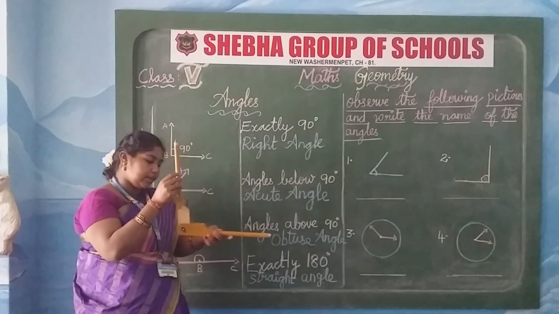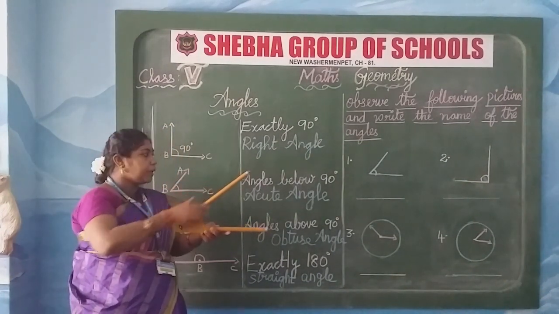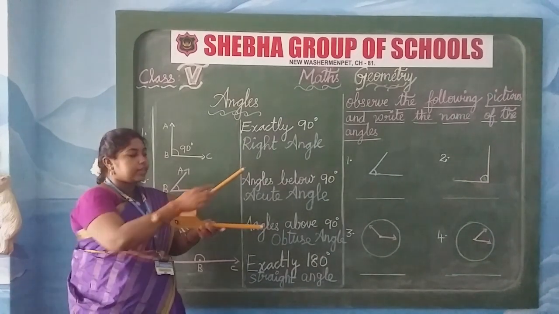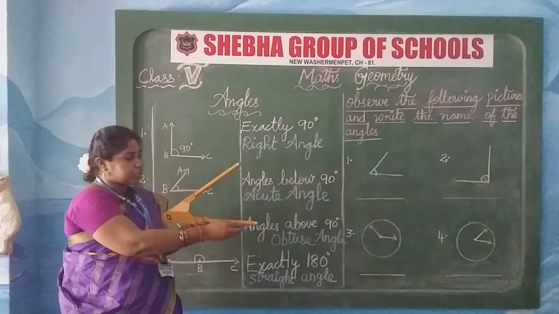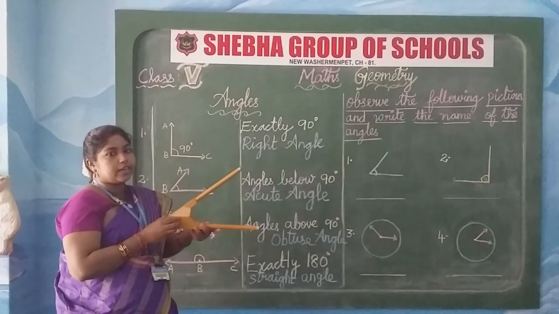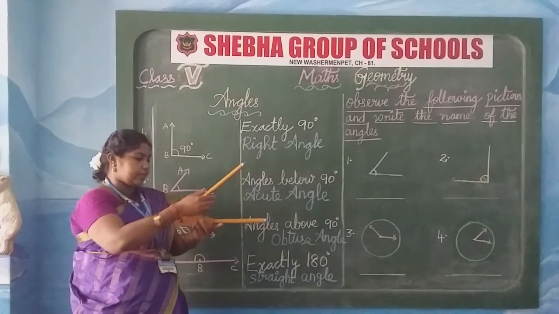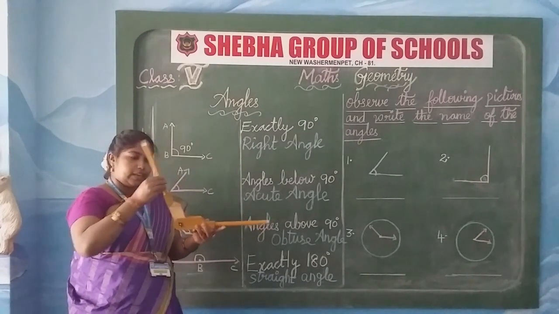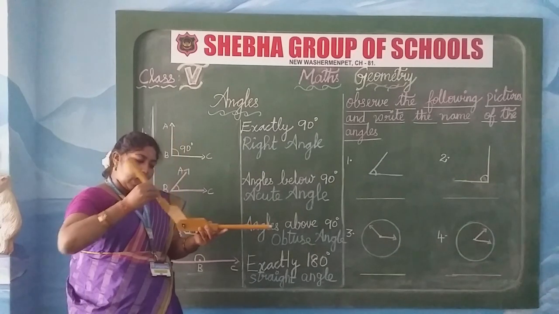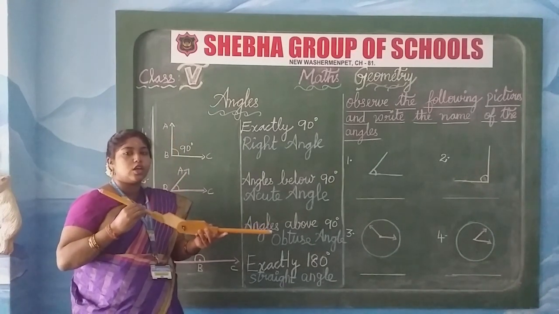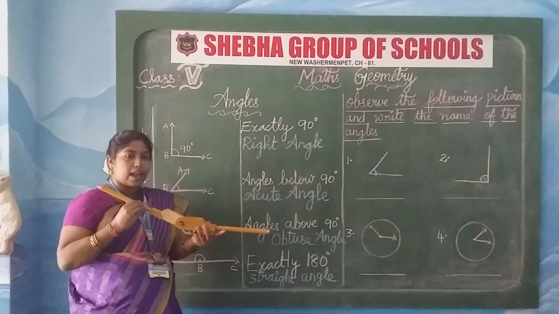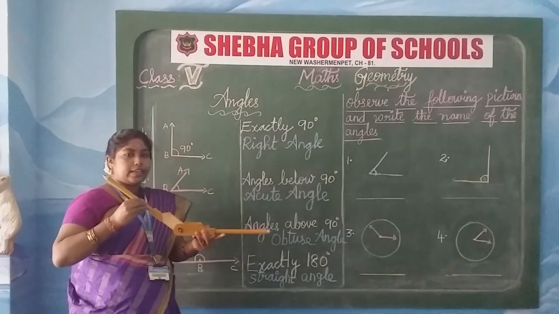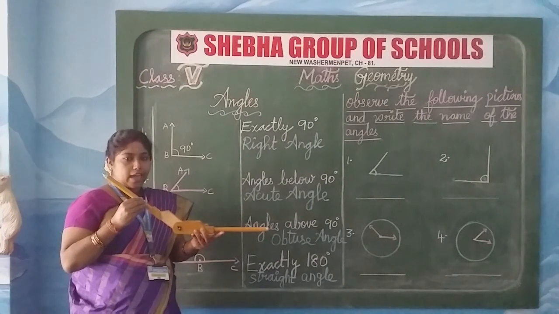The angle which measures below 90 degrees is called an acute angle. An angle which measures above 90 degrees is called an obtuse angle.